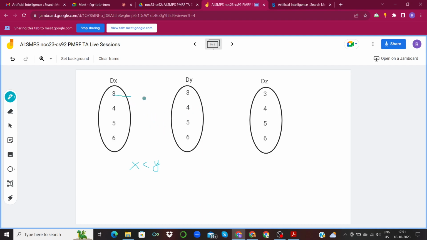So 3 is less than 4, so there will be an arc between 3 and 4. There will also be an arc between 3 and 5 and 3 and 6. Similarly, there will be an arc between 4 and 5 and 4 and 6 and 5 and 6. There will be no arc from 6 because there is no number in the domain of y that is greater than 6.